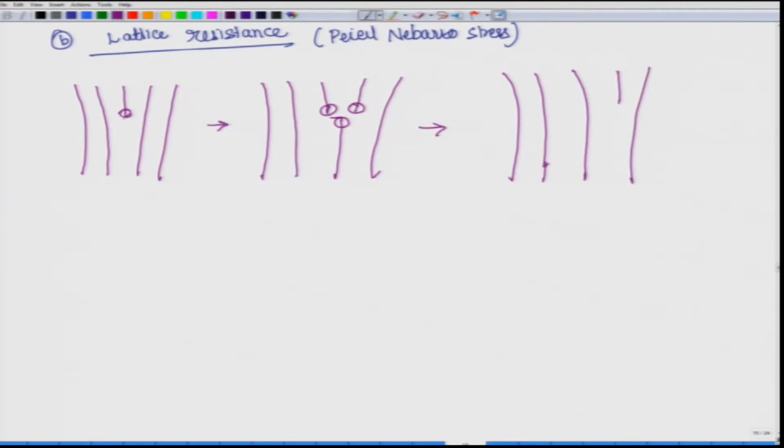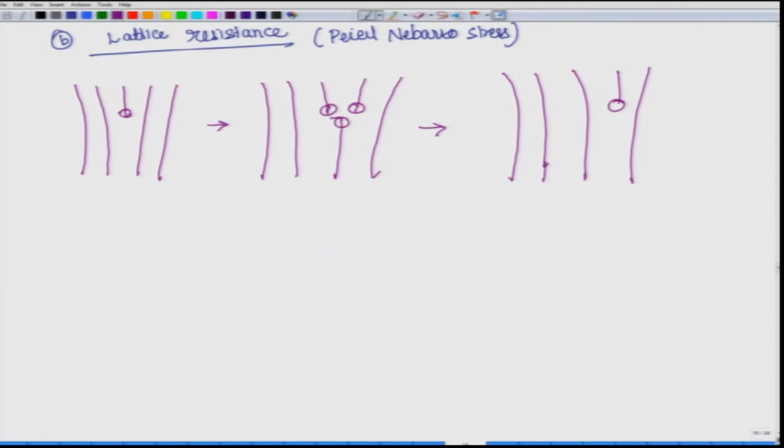Earlier this dislocation was between these two planes, now on the left side it has 3 planes, on the right side it has 1 plane. So, this dislocation has travelled, and in travelling it experiences a condition like this where it will face the largest resistance. So, there will be an energy maxima.